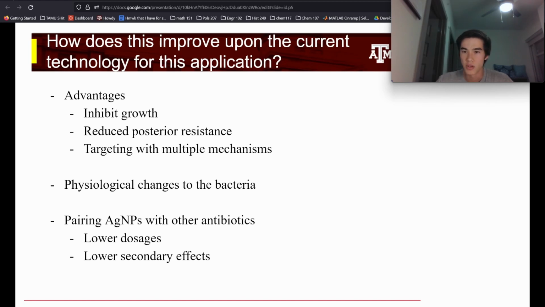For example, bacteria treated with silver nanoparticles in conjunction with kanamycin showed growth inhibition of close to 95%. When silver nanoparticles are used with other antibiotics, their effectiveness allows for a lower dosage, preventing secondary effects associated with both kanamycin and silver nanoparticles.